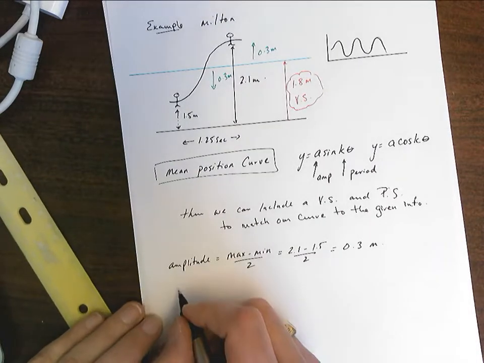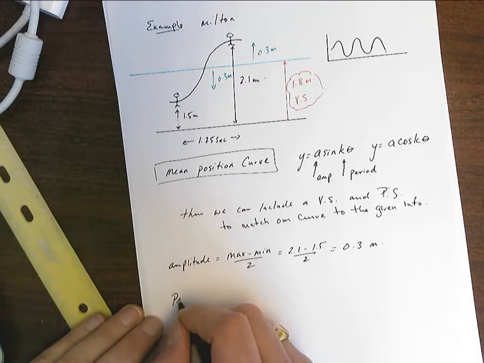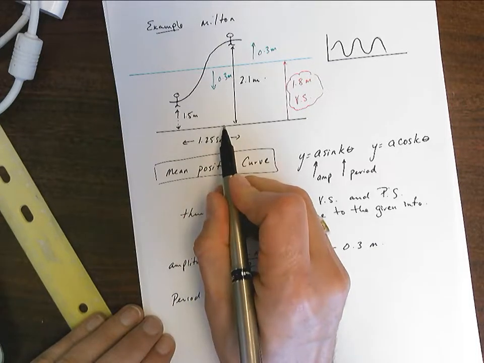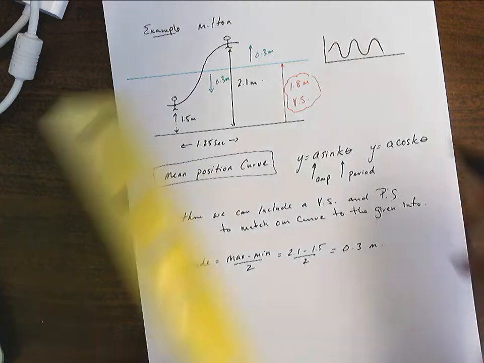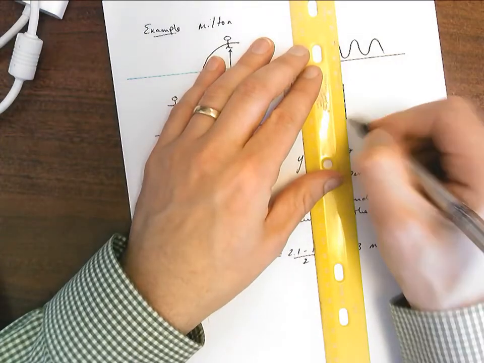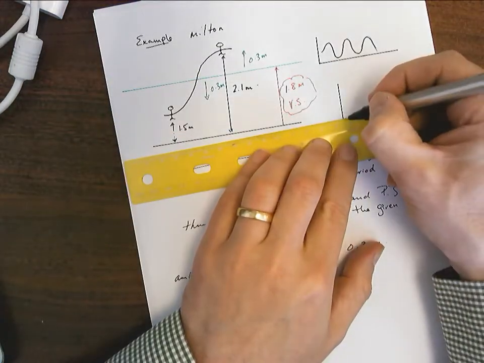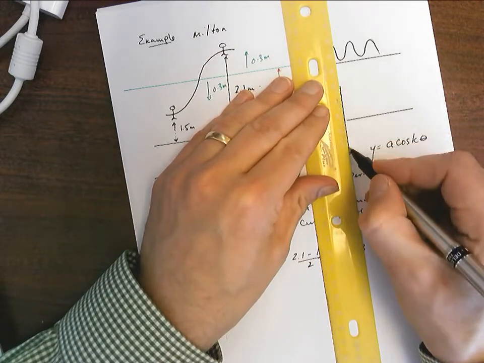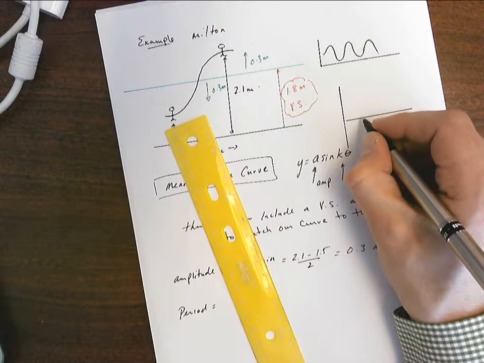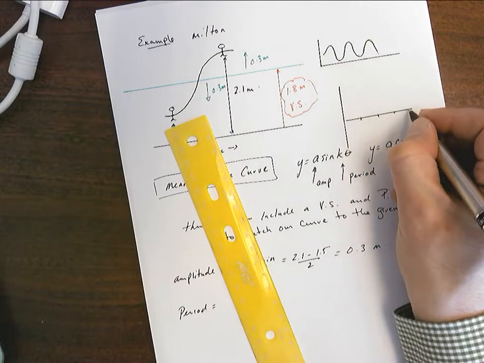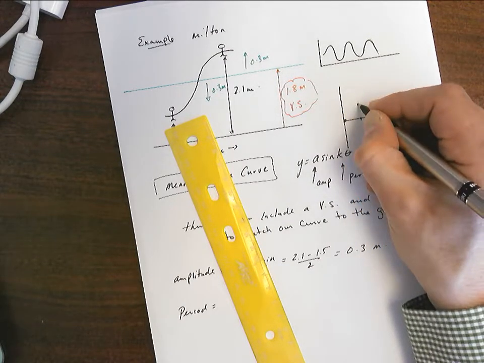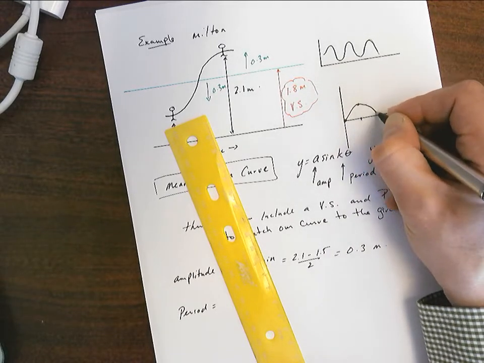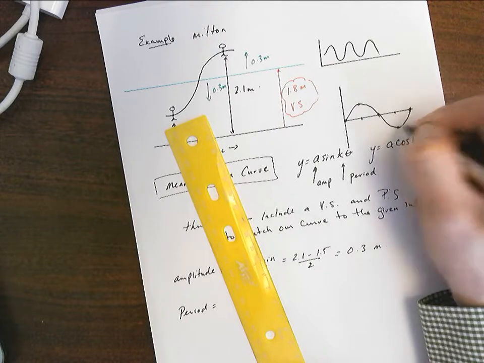Next is to get my period. Well, the period, this is half a wavelength. If we think about what a normal sine curve looks like, starting here, going up, then down, then back.